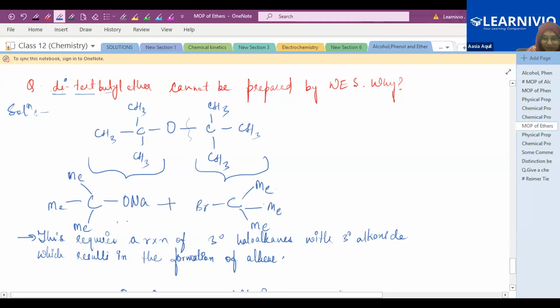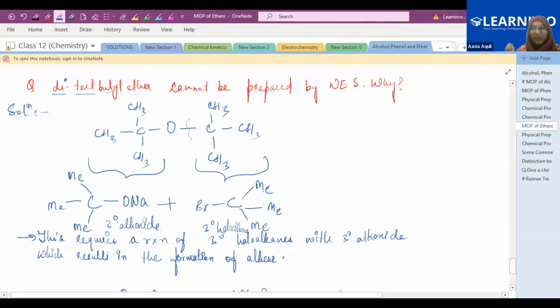This is your tertiary alkoxide plus your tertiary haloalkane. And you know very well, we prefer primary haloalkanes because in primary haloalkanes there is no bulky group.